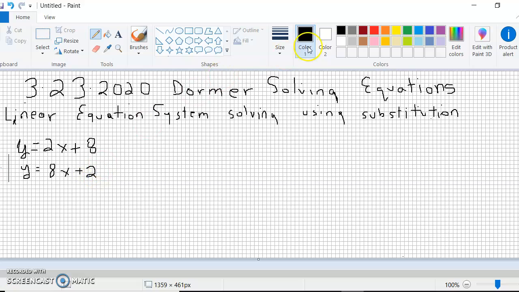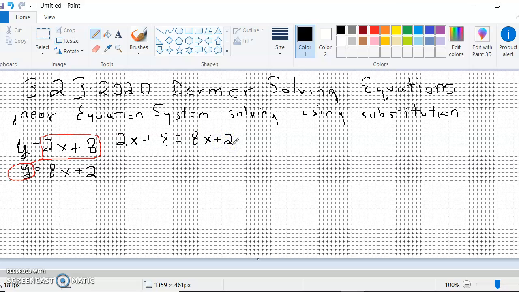Okay, so again, what I would do is substitute this into y. So when I do that, I now have the following: 2x plus 8 is equal to 8x plus 2.